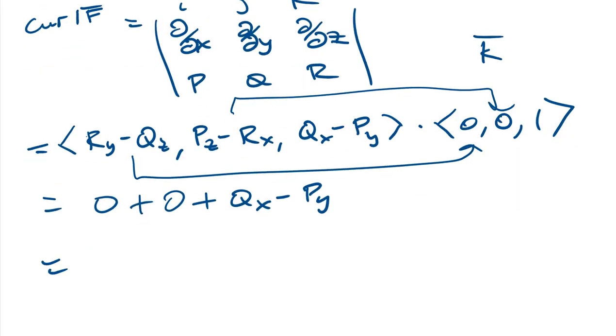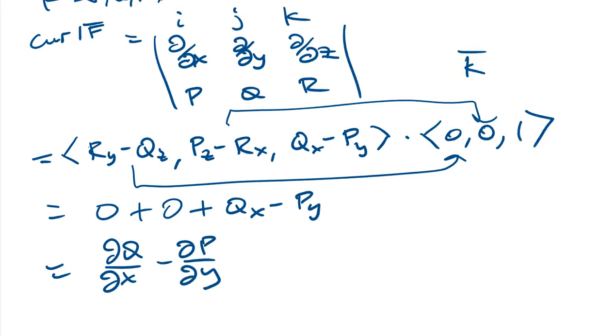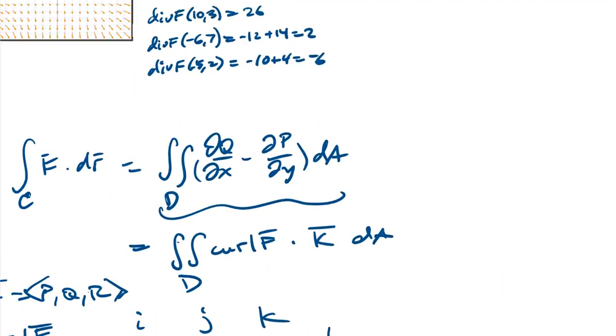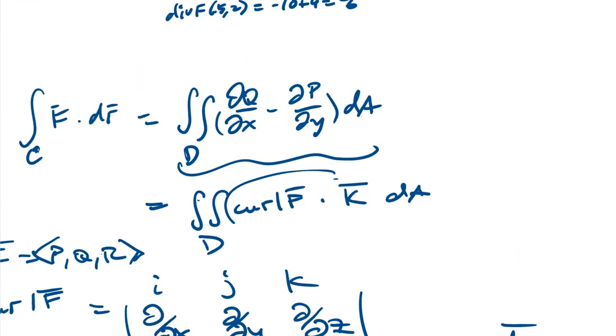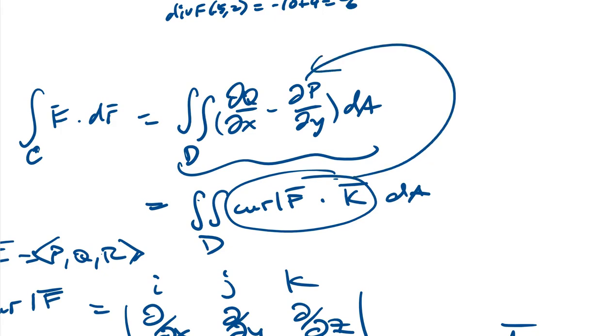Well, that last one is just partial q with respect to x minus partial p with respect to y. So that's what's right here. So I took the curl of f, I dotted it with k, and I got that. And so this is just another form of Green's theorem. They're identical, it's just writing it differently.